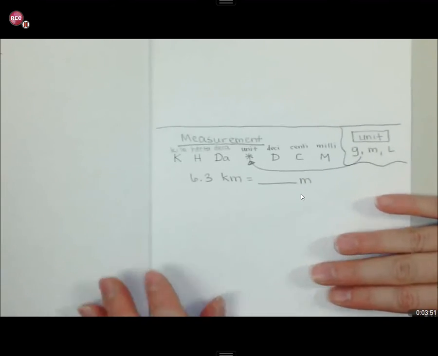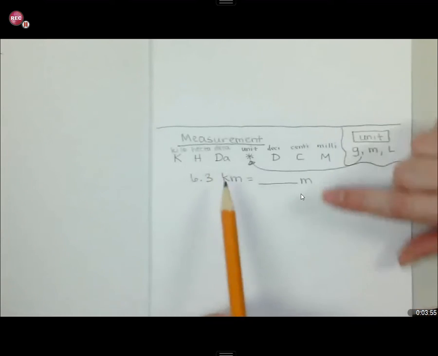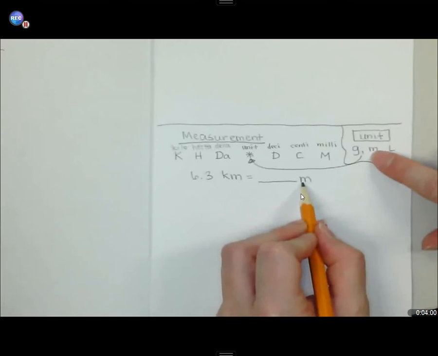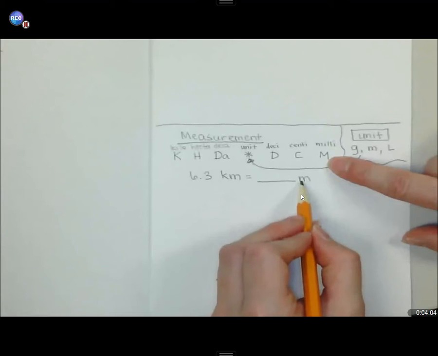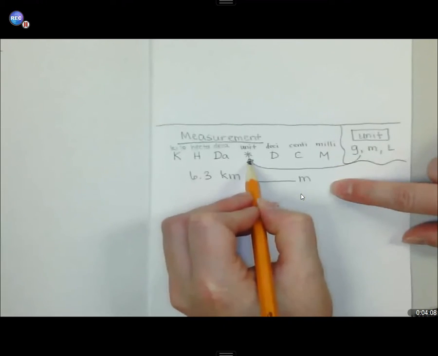Well, this is easy. All you have to do is count how many places we're moving. Now, I want you to pay attention because a lot of people got confused on this. This is just m. That means that it's just our unit, that guy. If it was mm, it would be millimeters, but it's not. It's just m. So we're talking about right here.